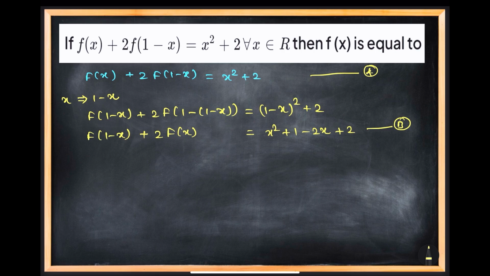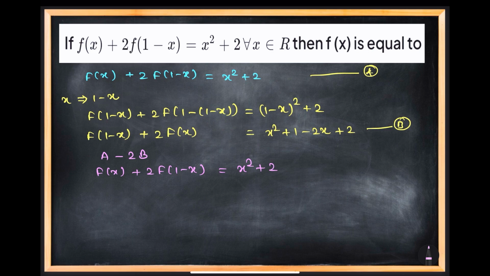So what you should do, just look at this. You have to subtract 2 times equation B and things are done. So we got f of x plus 2 times f of 1 minus x is equal to x square plus 2.